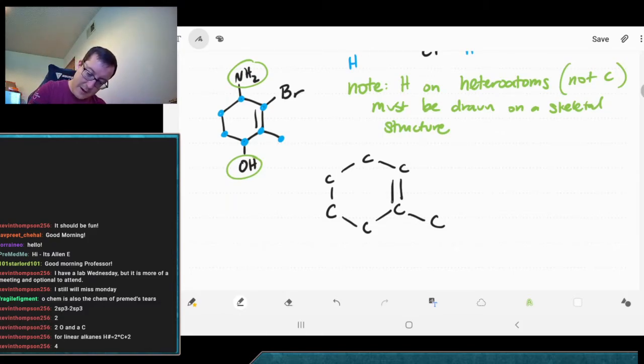So I'm going to go ahead and just include that. We do have a double bond there, so we'll include that in our bit. We can go ahead and throw on all of our other explicit atoms. So we can throw on our oxygen with its H. We can throw on the nitrogen with its hydrogens. And we can throw on our bromine.